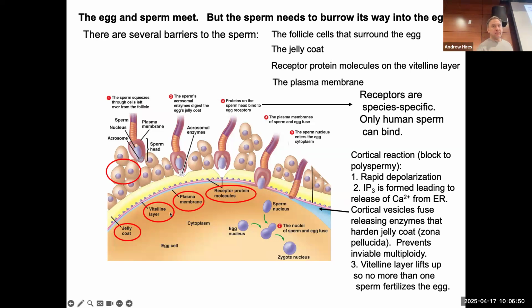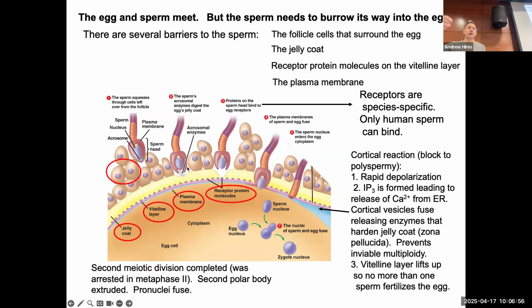This cortical reaction event, at the same time, triggers the second meiotic division, and now the egg cell is going to spit out half of its remaining chromosomes into the second polar body, a tiny little bag that's going to get degraded. The rest of it, a haploid 23 chromatids, is then going to fuse with the nucleus of the sperm to form this zygotic nucleus.